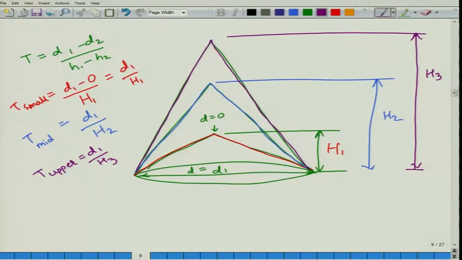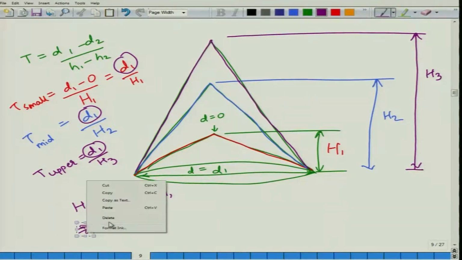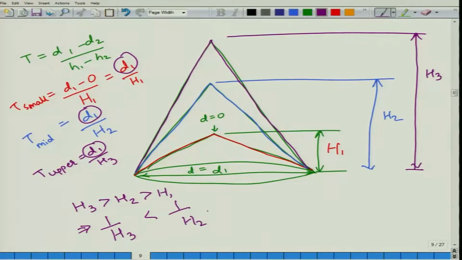So, what can we say about these three tapers? Now, as we can see, the numerator is the same in all the cases, but we have h3 is greater than h2 is greater than h1, which would mean that 1 upon h3 is less than 1 upon h2 is less than 1 upon h1.